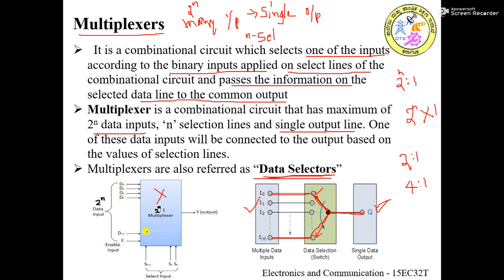In order to switch on this system, first you have to activate this enable input. Like this, in the logic symbol there will be 2 to the power of n input lines, one output line, n number of select lines, and another enable input.